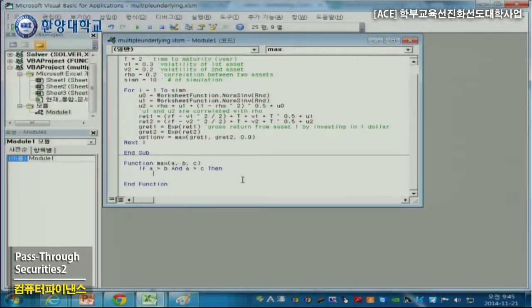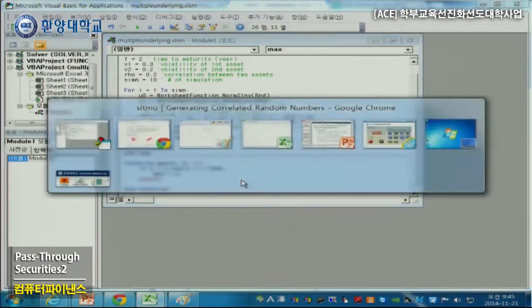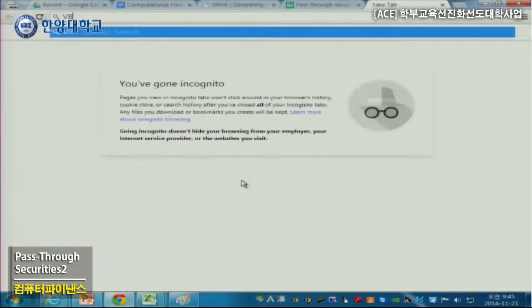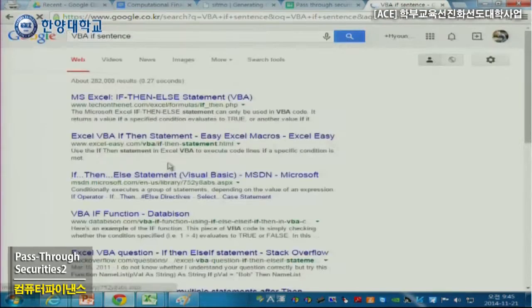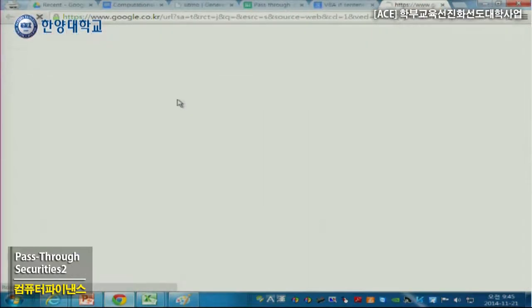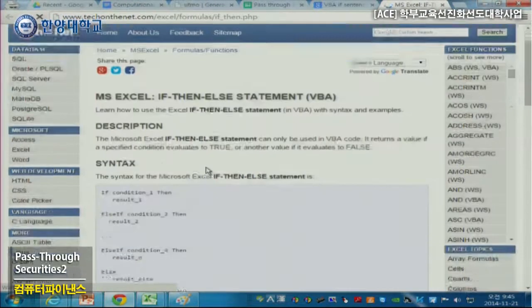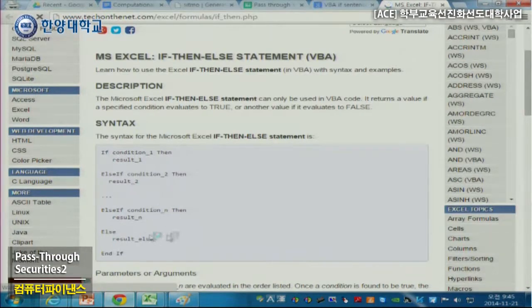I am defining a new function, okay? Then max equals A, else if, am I right? Let me check the VBA if sentence. Excel VBA if then else sentence: if, else if, else if, else.